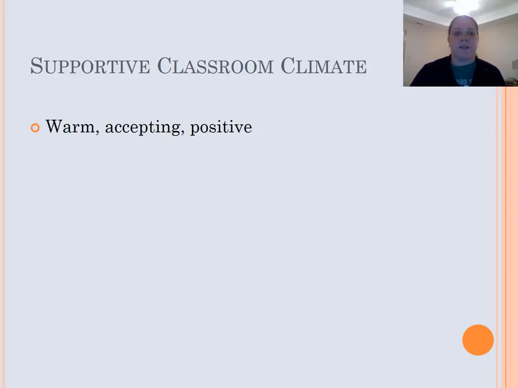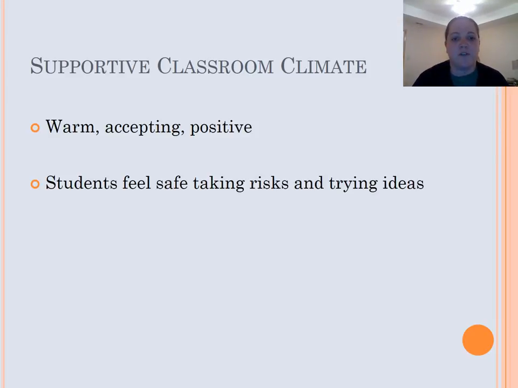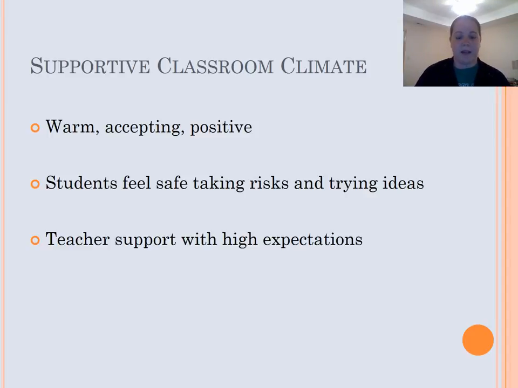So the first concept is creating a supportive classroom climate. And this is just creating a warm and accepting environment in which students feel safe taking risks and trying ideas. So they're willing to take the information and run with it, and they feel okay doing this. Okay? This type of climate involves a teacher with a lot of support for the students, a lot of support in their desires to take these risks and try their ideas, but also a teacher with high expectations.